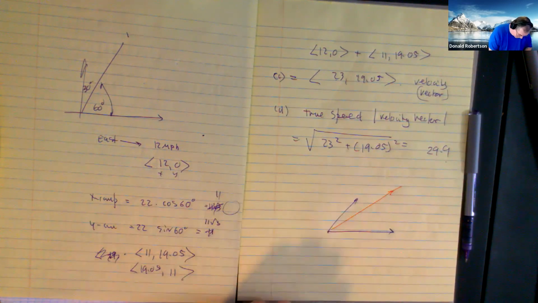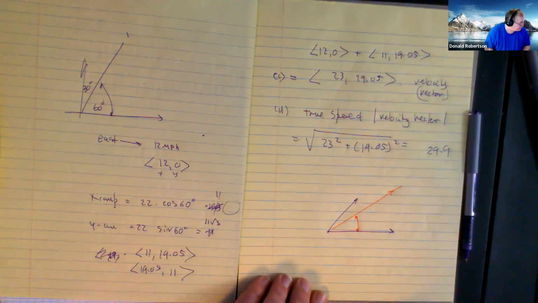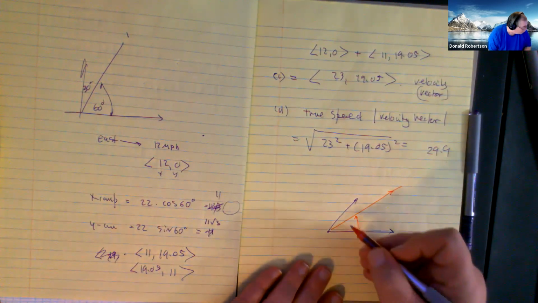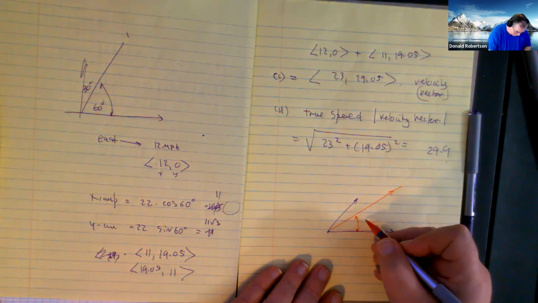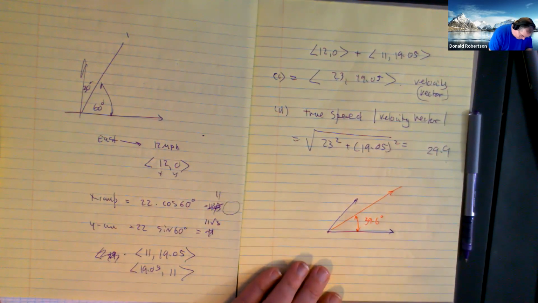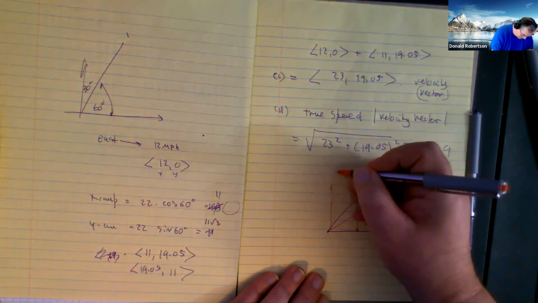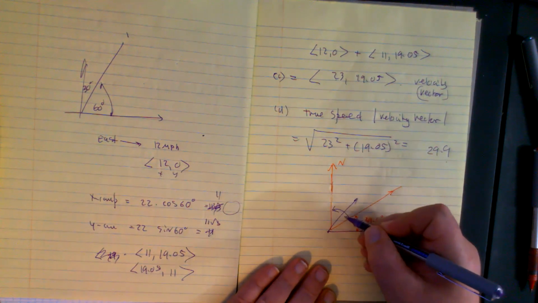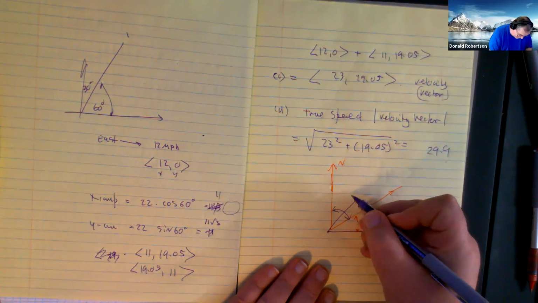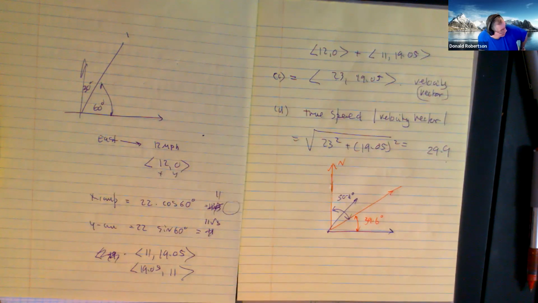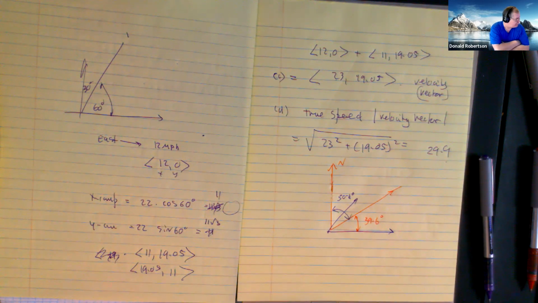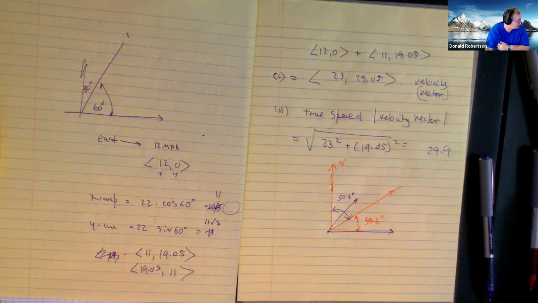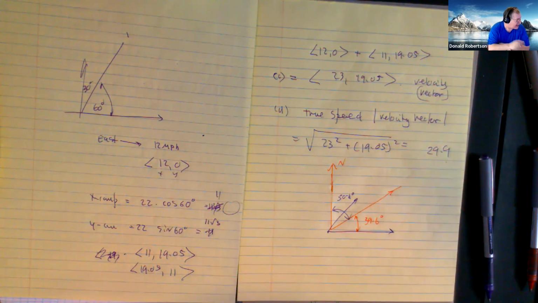You would then find this angle, and this angle here would be 39.6 degrees. It's at that point that they bring in the north thing just to throw you. So the number that you end up using would have been 50.4. The only time the north thing kicked in was on the last piece of the puzzle when it asked you for the direction of the boat, and you can tell because they say N degrees east. So you know it was to do with that.